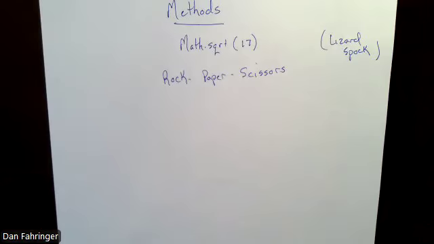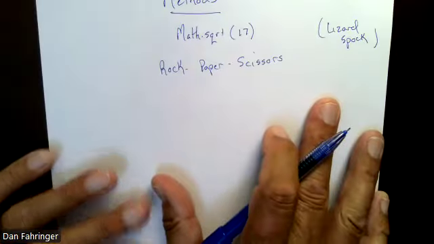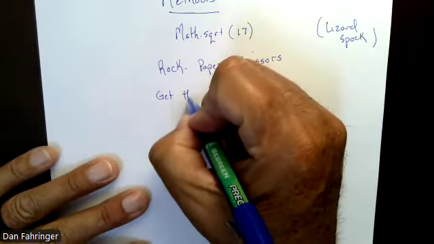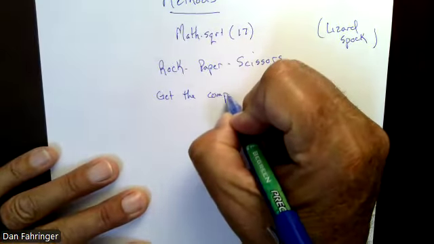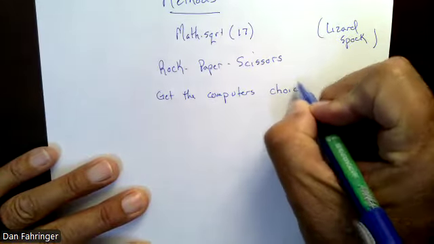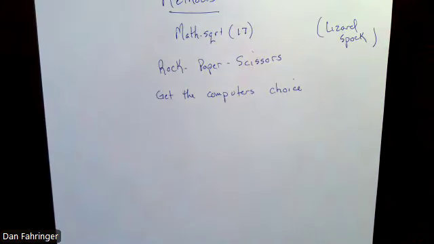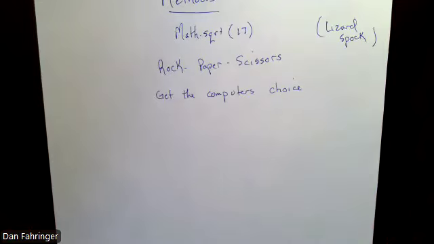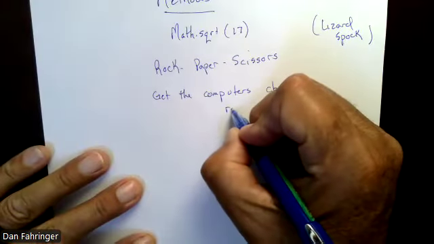And if I said to you, what's the first thing that needs to be done to play rock, paper, and scissors? You need to get the computer's choice. Oh boy. How do I get the computer's choice? How do I ask the computer? Random number. Excellent. We're going to use random numbers.